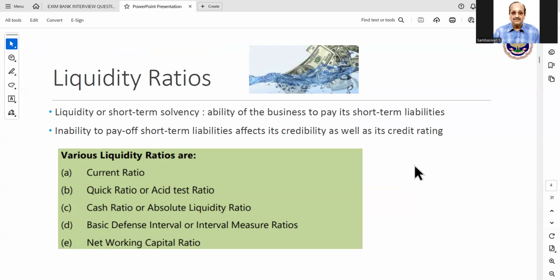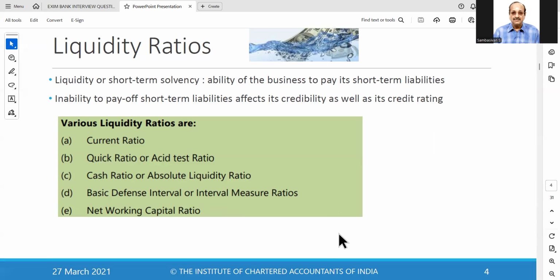Various liquidity ratios are: A, current ratio; B, quick ratio or acid test ratio; C, cash ratio or absolute liquidity ratio; D, basic defense interval or interval measure ratios; then E, net working capital ratios. Normally in banks, we go through the first two, current ratio and quick ratio or acid test ratio.